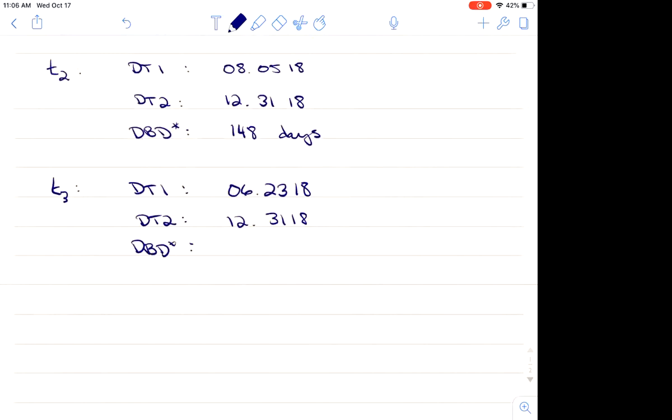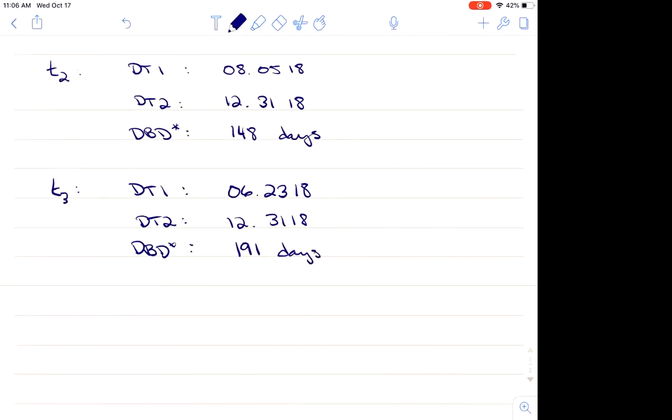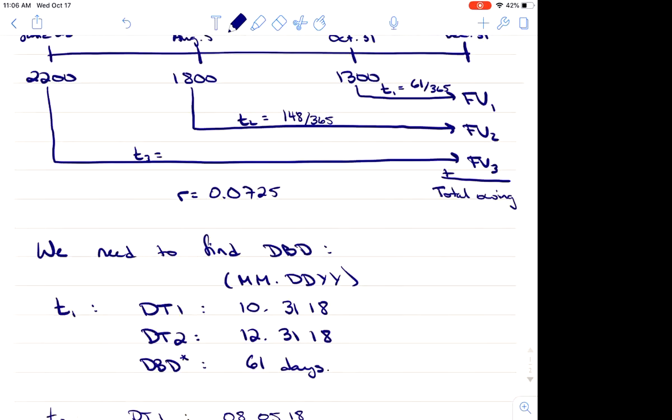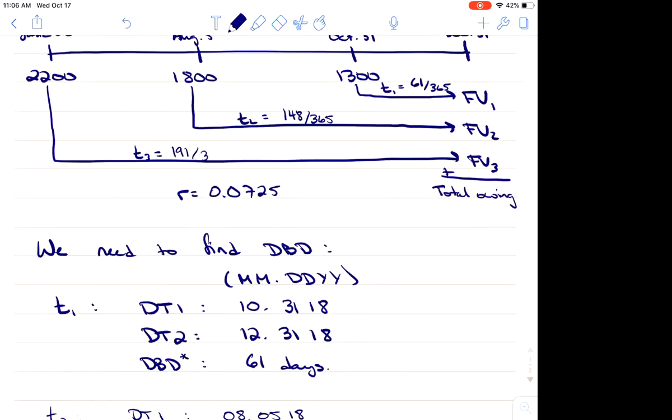So I can just scroll up, change my first date, go back down and compute the days between dates. Right? So my first date now is 06.2318. Enter. Okay. Scroll down, date 2 is fine. Days between dates, compute 191 days. So 191 divided by 365.